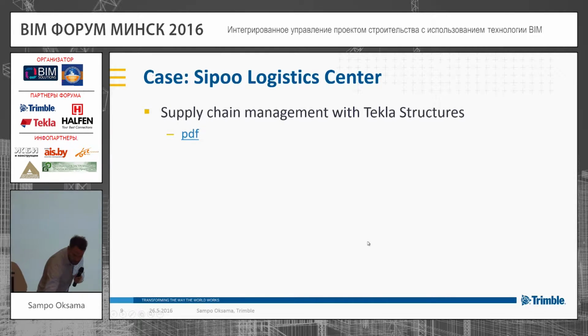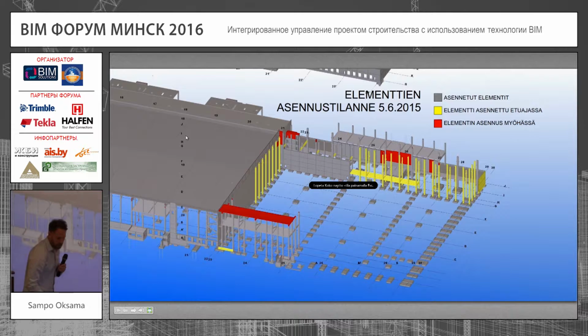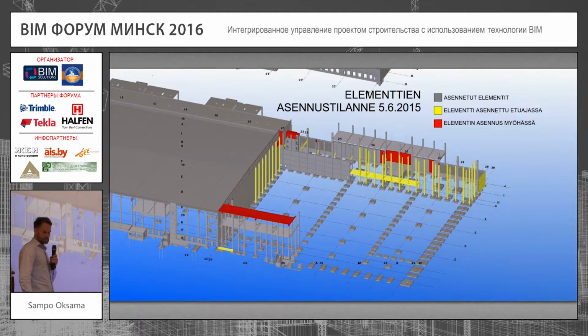So actually the most important part is the supply chain management, where they want to make sure that everything is on time and they are not following only the installation. These are in Finnish because this is real material from that project, so I didn't translate it. But this is the installation situation, the status last year. You can see the date there.